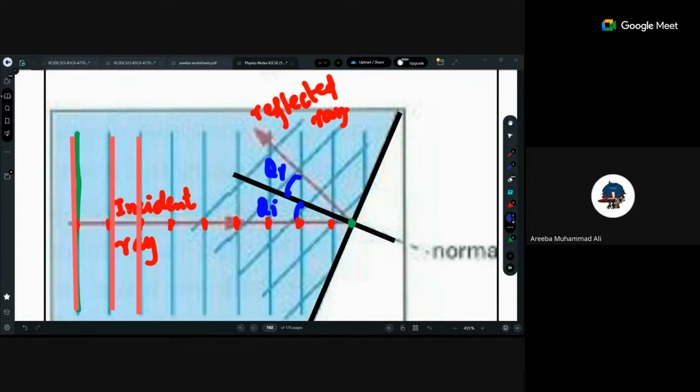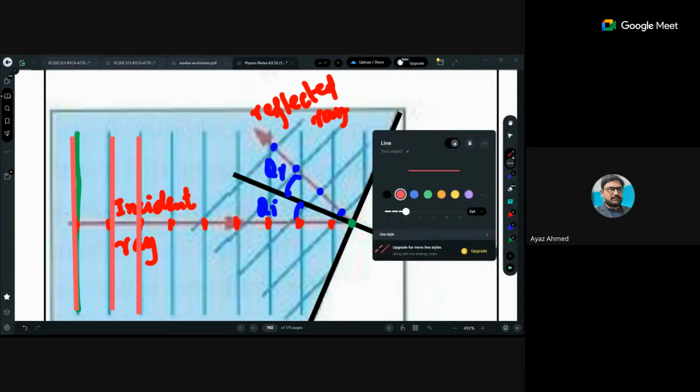Yes, sir. उसके बाद आपने क्या करना है? Then you have to do the same procedure at each 1 centimeter spot. Yani at each 1 centimeter distance, you have to spot the point at the reflected ray. और फिर same way में you have to draw the perpendicular lines over there.